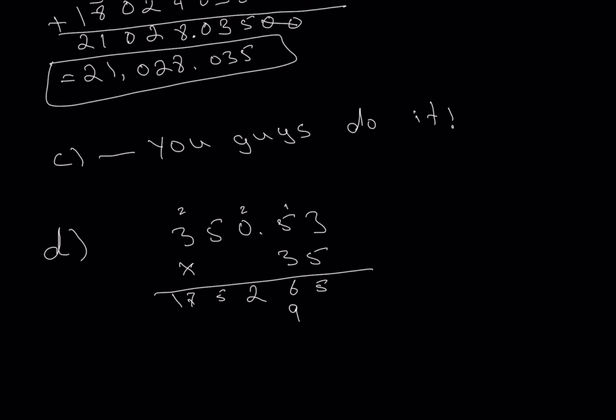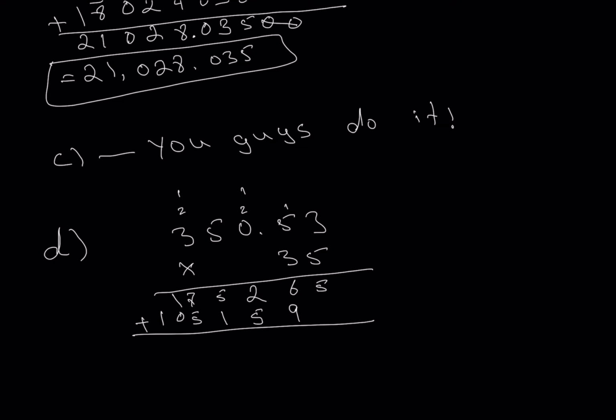Whatever the answer is, you write it down below that number, 9, 3 times 5 is 15, 1 will go right here, 3 times 0 is 0 and 1, 0 plus 1 is 1, 3 times 5 is 15, 1 will go right there, 3 times 3 is 9, 9 and 1 will be 10.